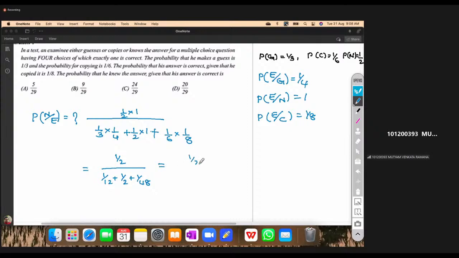With 48 as the common denominator, 4 plus 24 plus 1 is 29, so this is 1/2 into 48 by 29. So the answer is 24/29. Okay.